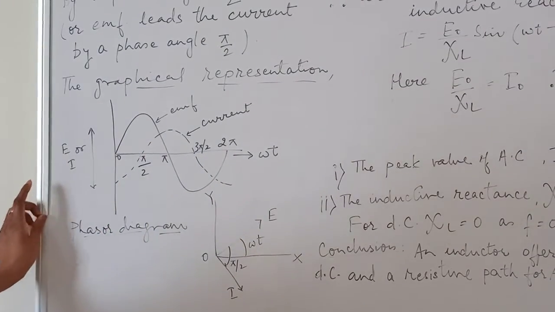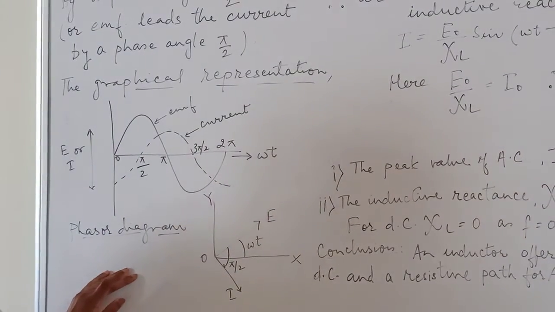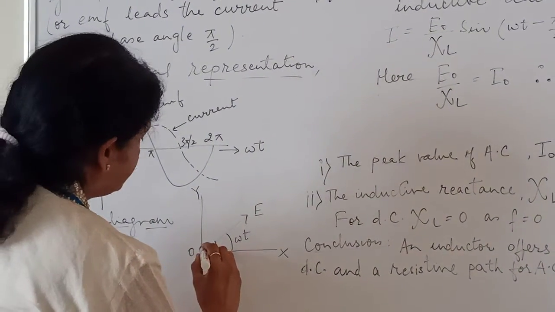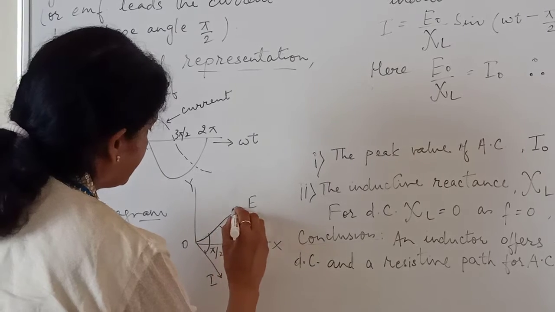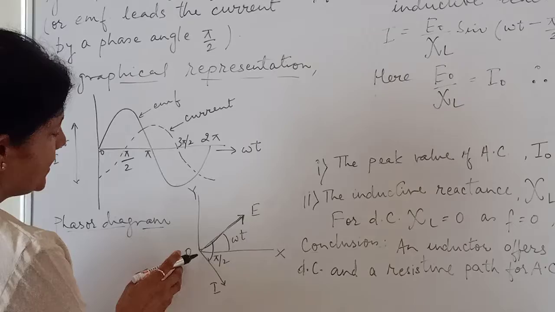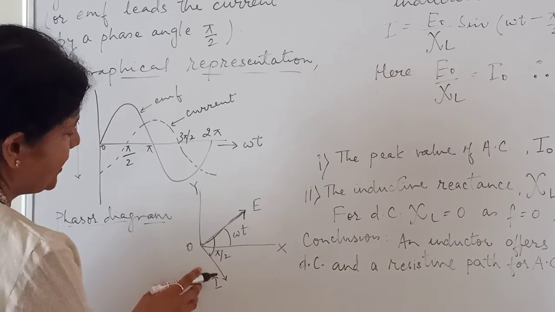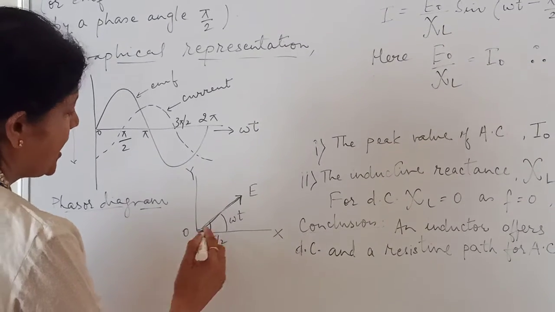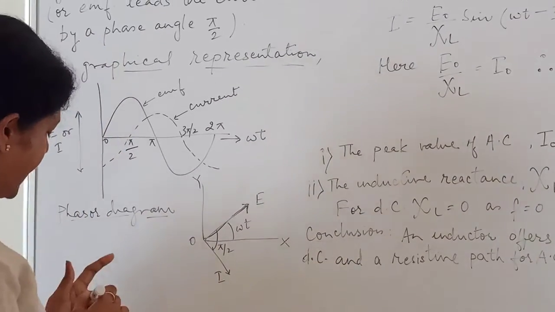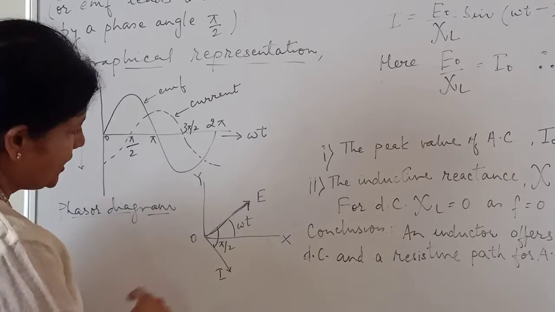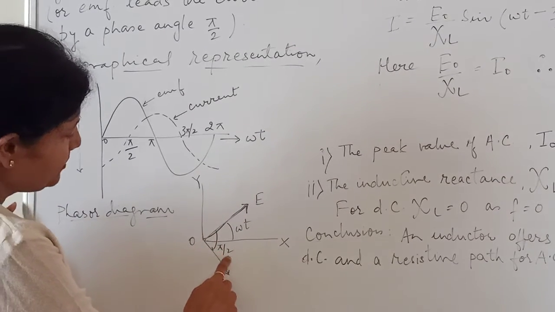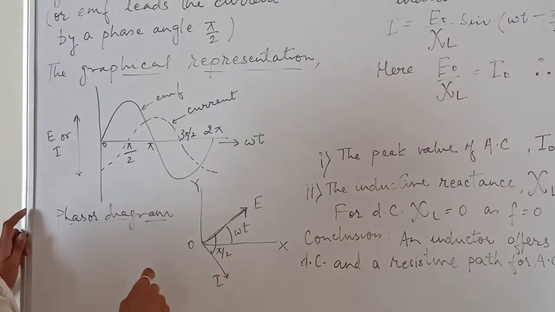Now for the phasor diagram, we get this type of diagram. This straight line represents EMF and this line represents current, and the angle between EMF and current I is pi by 2, 90 degrees.